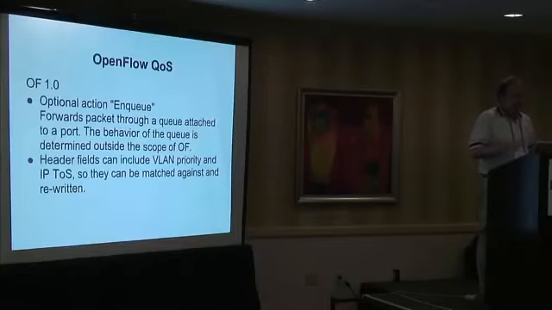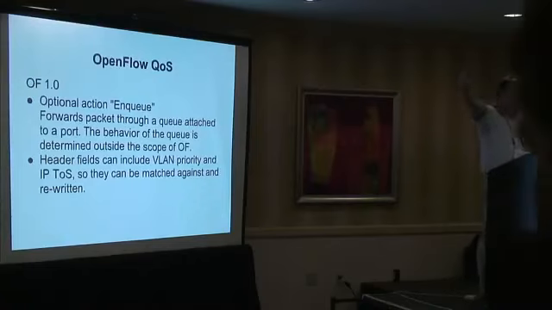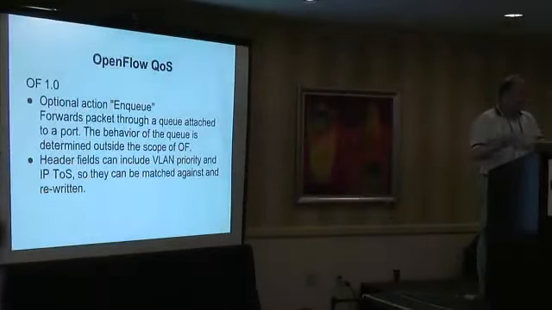Within OpenFlow, there's an optional action which lets you, if I match on this packet, enqueue this packet to a particular queue on a port. So you get that functionality, pretty primitive. You can also match on and modify the header fields, which could include VLAN priority and IP ToS bits. So you can do some marking, or you can make decisions based on marks, but just on the marks. So it's not particularly useful.